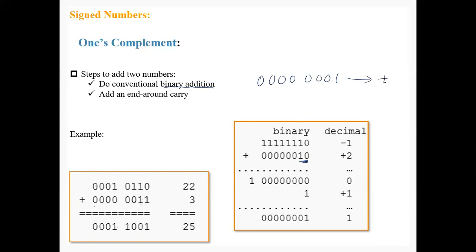And -1 will be 1, 1, 1, 1, 1, 1, 1, 0. That's your -1. So I'm adding negative 1 to plus 2. I'm subtracting 1 from 2, or adding 2 and negative 1. I can say either way.